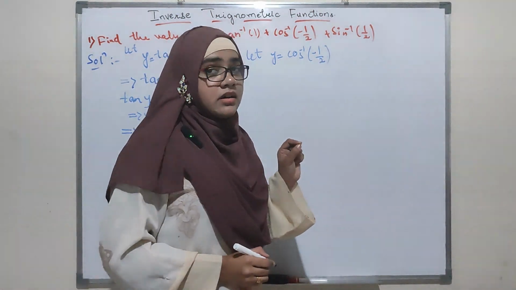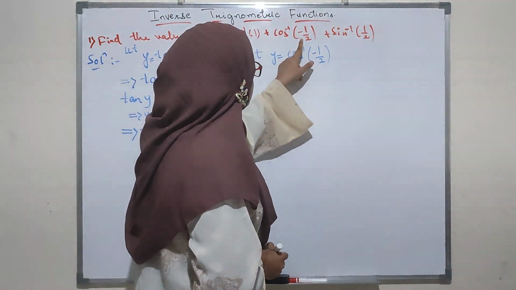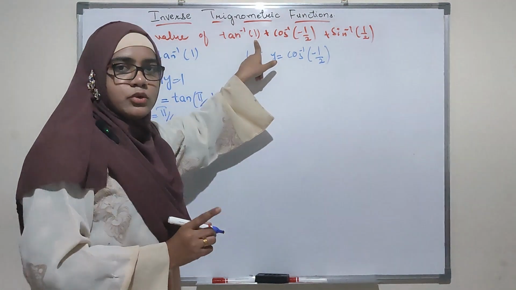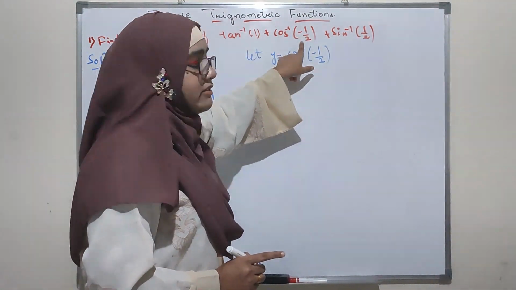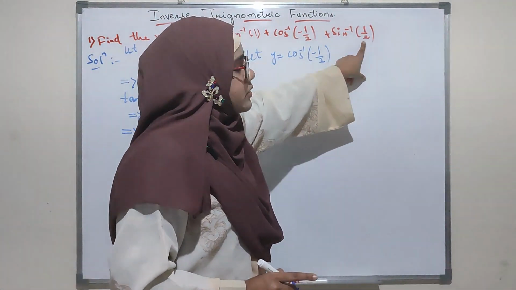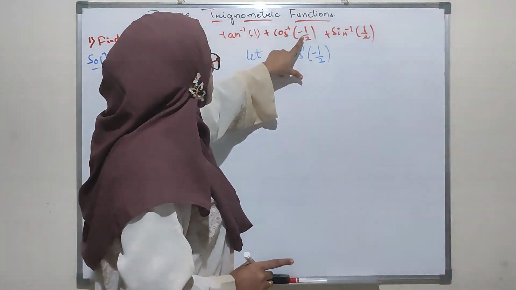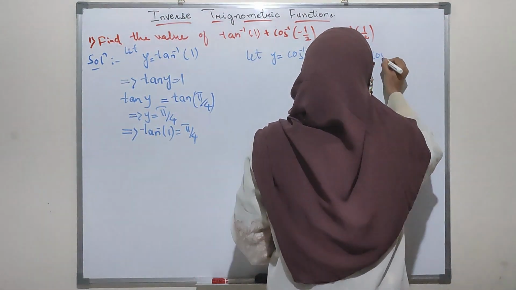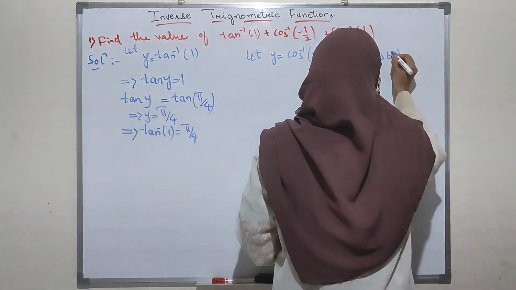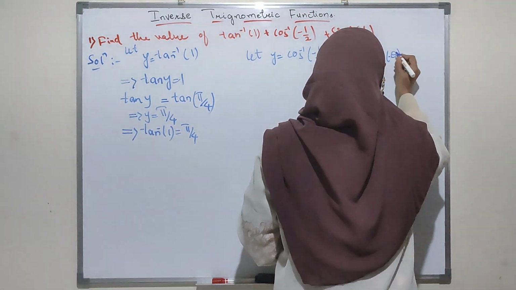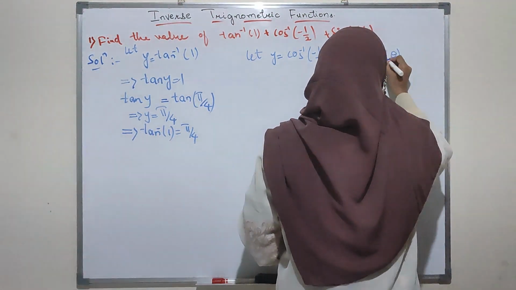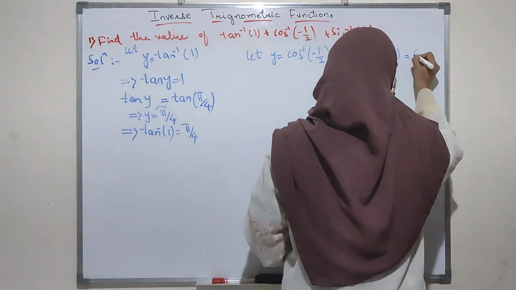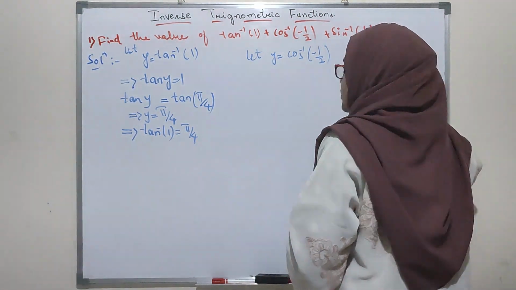See here, in the first term we had 1 in positive form. Here we are having minus 1 by 2. You have to remember this point: cos of minus theta will give you cos theta in positive form.